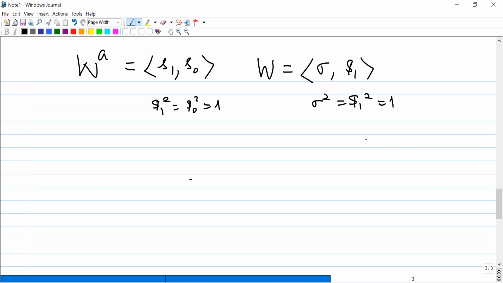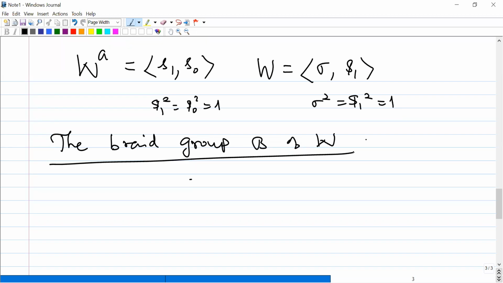Now we will define the braid group corresponding to W. Recall the definition that the braid group is generated by the symbols T of W with some relations.